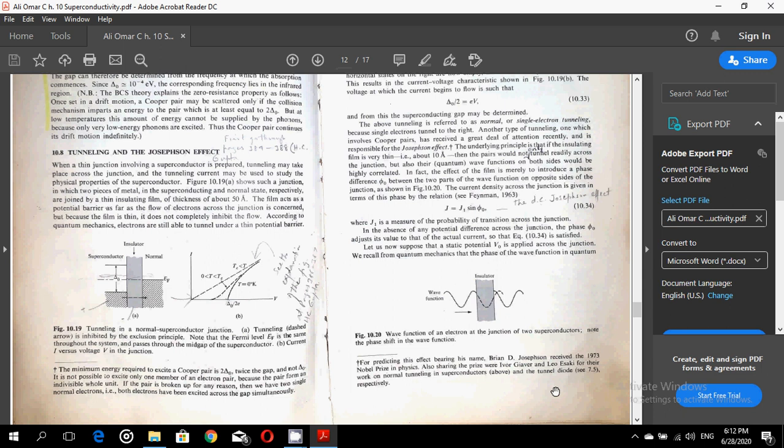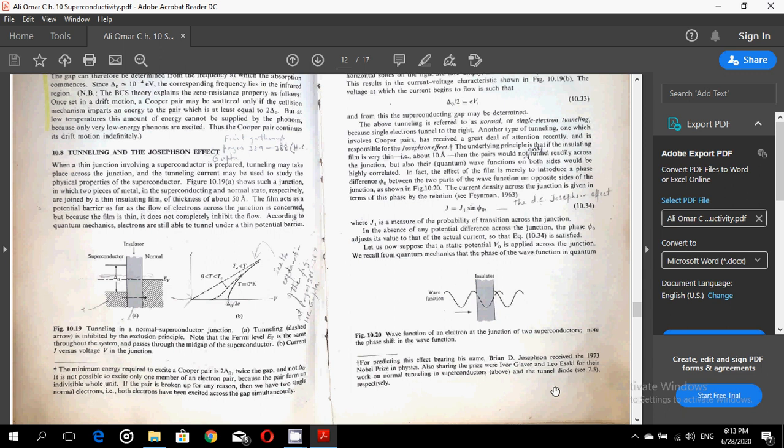So in the absence of any potential across the junction, the phase phi naught adjusts its value to that of the actual current, so that equation 10.34 is satisfied.